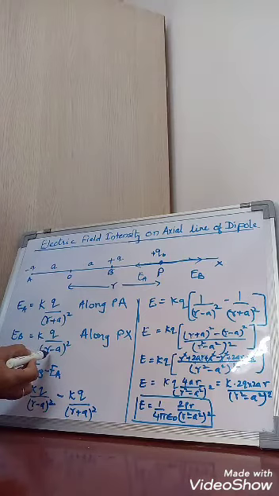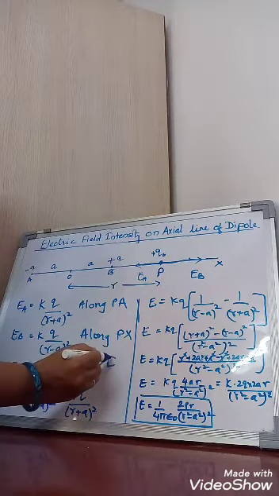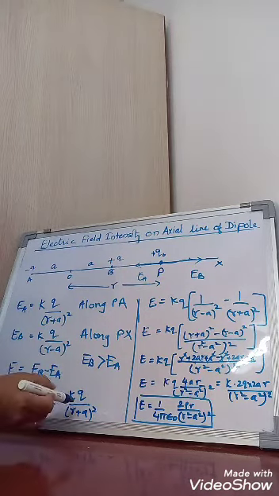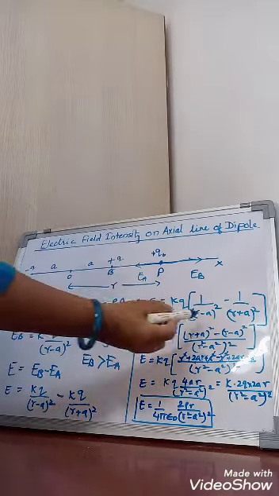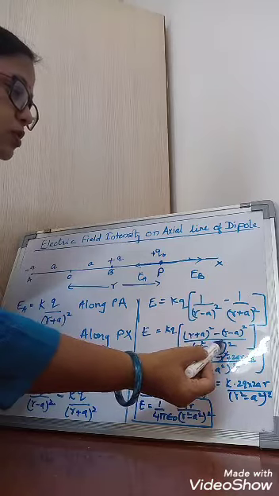Now you can see the denominator of EB is smaller, therefore EB is greater than EA. So we take E is equal to EB minus EA and work out a few steps. Here we take the LCM as (r square minus a square) whole square.